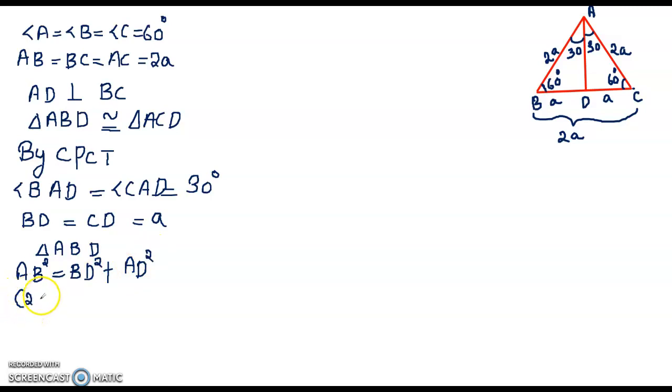So 2A the whole square equal to BD, which is A square, plus AD square, since AD is not given. 2A the whole square is equal to 4A square. 4A square is equal to A square plus AD square.